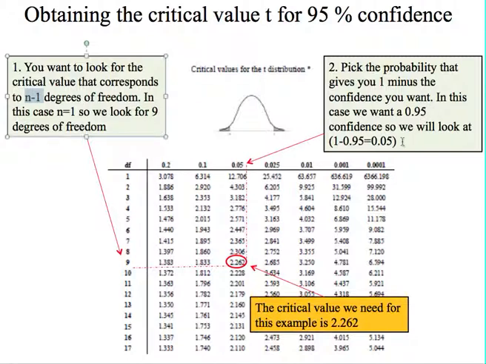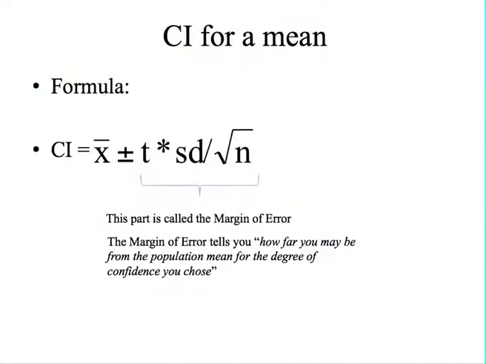So we would pick 0.05 in each tail. 1 minus the confidence equals 0.05, right? So the number that is the t value, the critical value that corresponds to this probability and these degrees of freedom is 2.262. That is how you would get the critical t value to plug in your formula here.